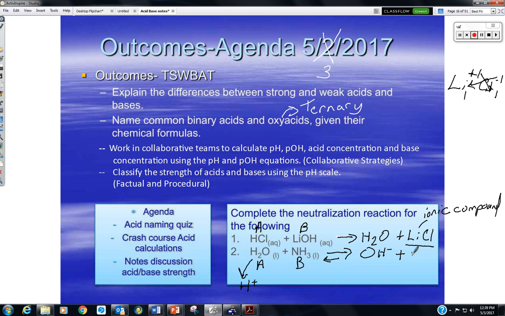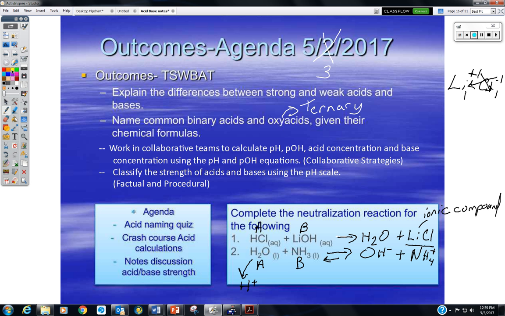So we have OH negative, and since we have this free-floating hydrogen ion, where is it going to go? It's going to attach to the ammonia to form an ammonium ion, which is NH4 plus with a positive 1 charge. And goes from there.